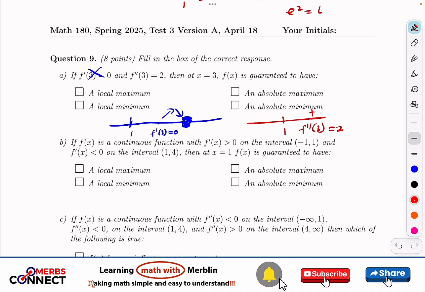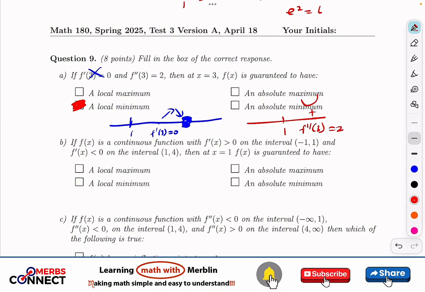Anytime we have positive, we have concave up. So anytime the second derivative is positive, we have concave up. And when you have concave up, it means that we have a minimum. So here you need to pay attention very well. We are going to have a local minimum.